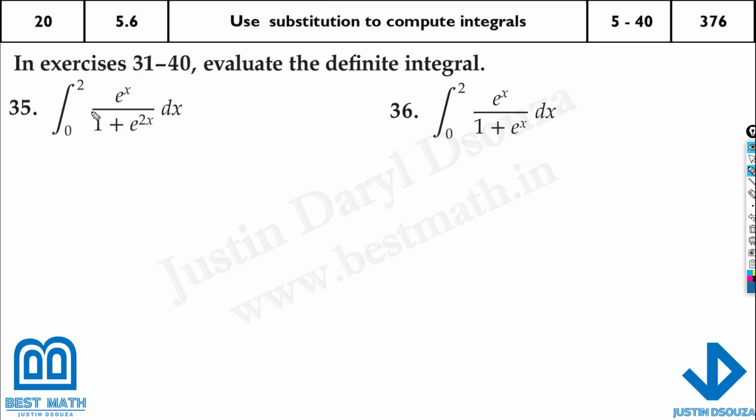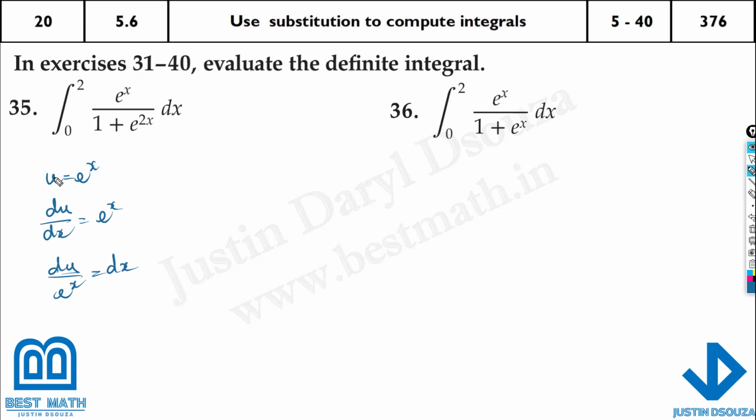So what can we do? Okay, what if I take e to the power x as u? Let me derive it. It'll be du divided by dx is e to the power x. Now du by e to the power x is equal to dx. I can cancel this e to the power x, but u is only that, so I can't do u substitution and I'll just get an extra variable.